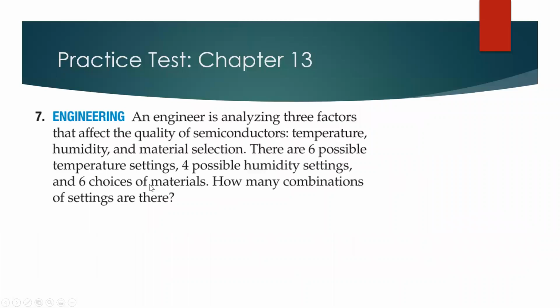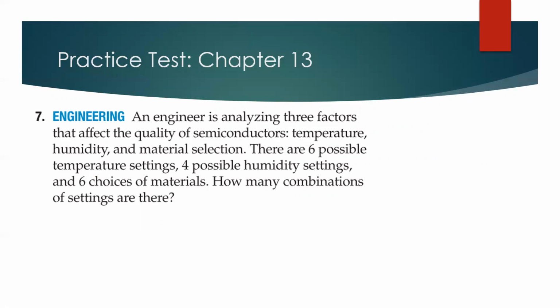Here it says an engineer is analyzing 3 factors that affect the quality of semiconductors: temperature, humidity, and material selection. There are 6 possible temperature settings, 4 possible humidity settings, and 6 choices of materials. How many combinations of settings are there?